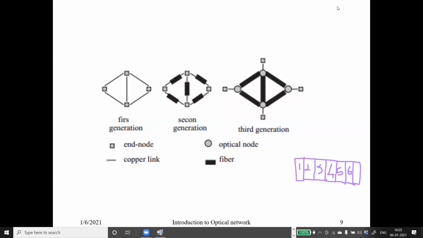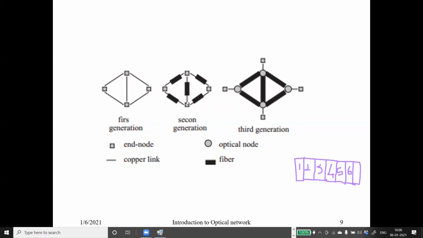As you can see in this, I forgot to show you this diagram. This is the first generation where only these are the copper wires. When the Sonnet came, these copper wires were replaced by your optical fibers, and in this third generation these nodes which were electrical are replaced by the optical.